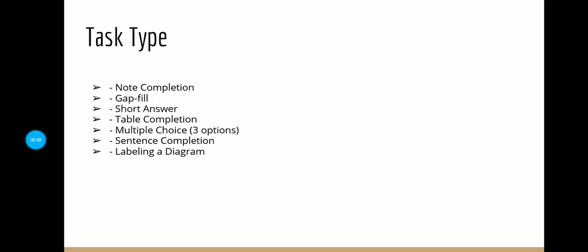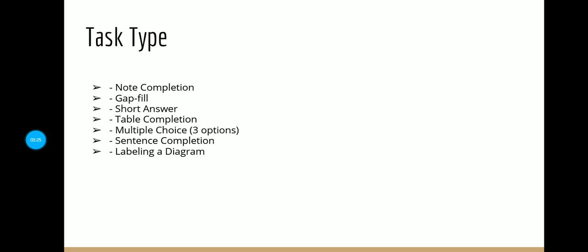Talking about the types of tasks that appear in the IELTS examination, specifically in the listening module, there are note completion, gap fill, and short answers. As far as short answers are concerned, in some questions a word limit is defined.